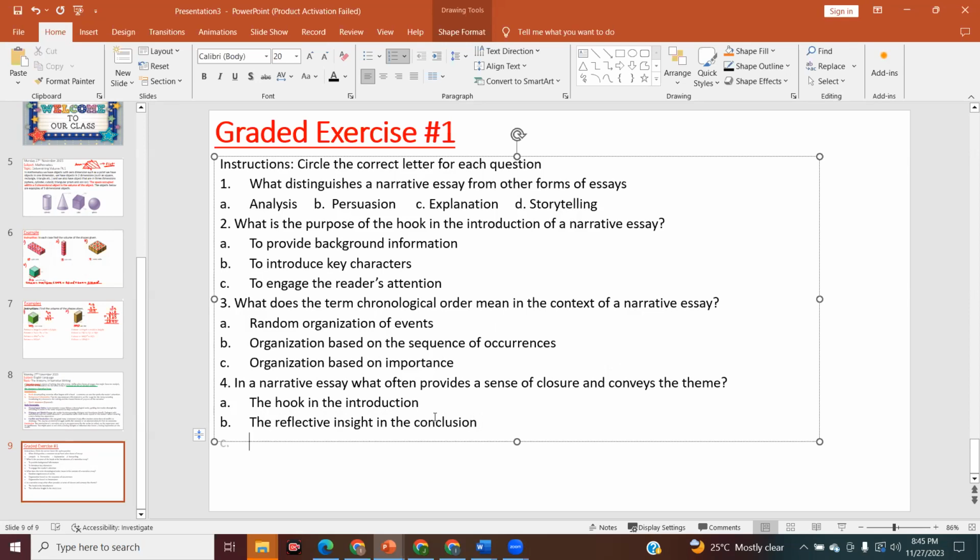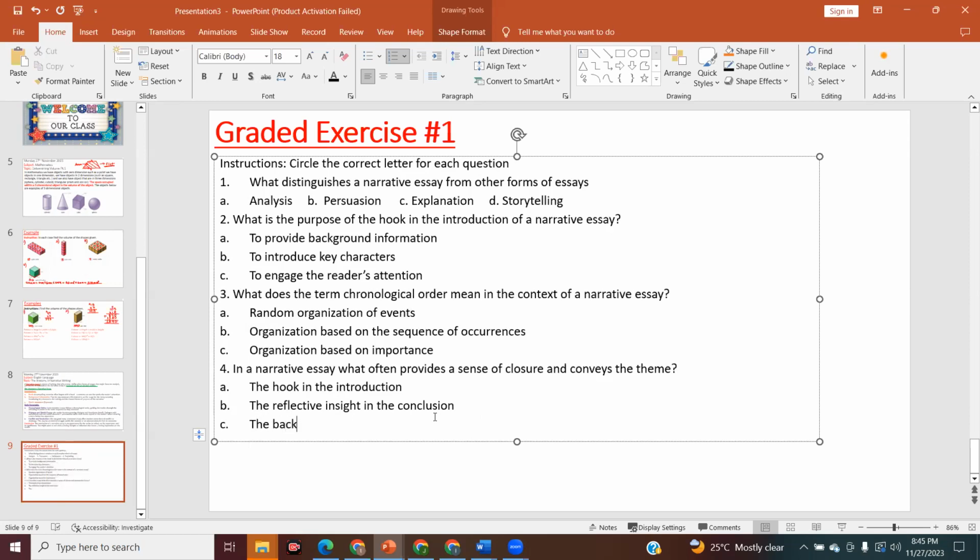Or is it C, the background information at the beginning of the essay?